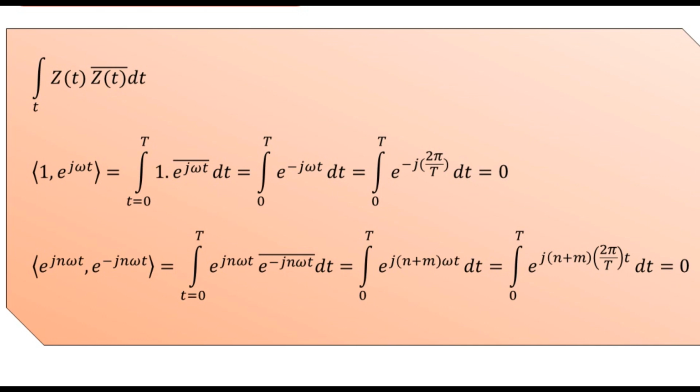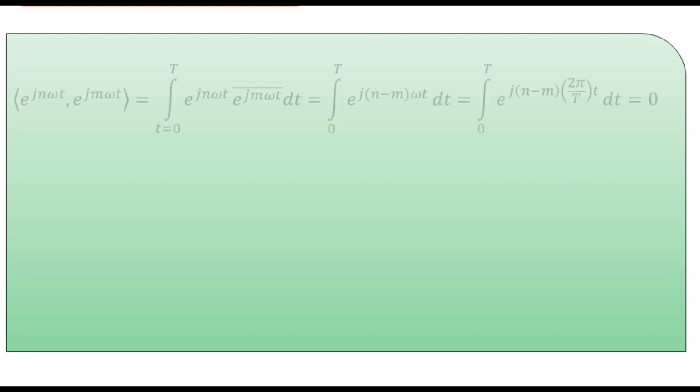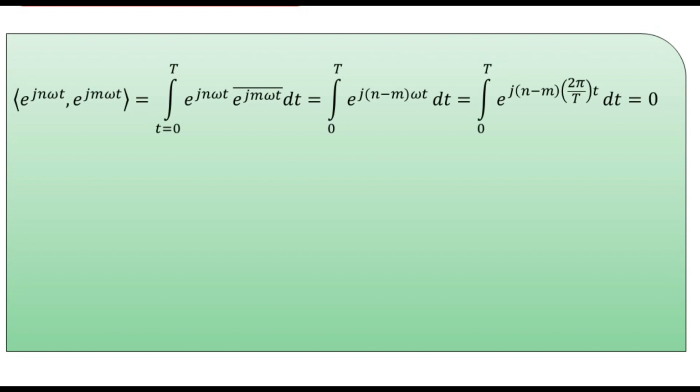And in the third situation, where we have e to the power j n omega t along with e to the power j m omega t, n and m being either positive integers or negative integers, whereas both are unequal. That time we can represent the integration t is equal to 0 to capital T for the multiplication of e to the power j n omega t with the complex exponential of the second representation e to the power j m omega t dt.